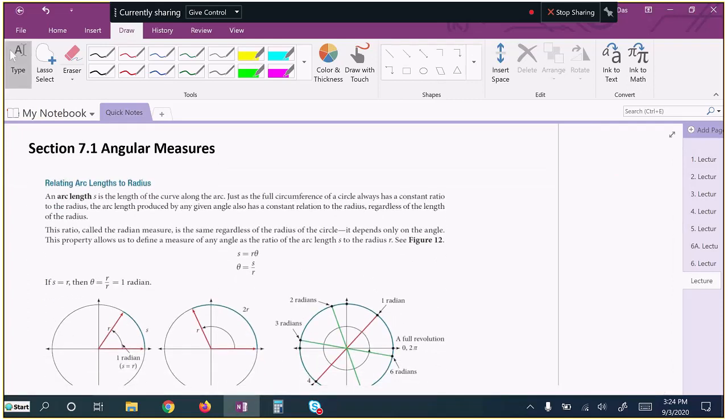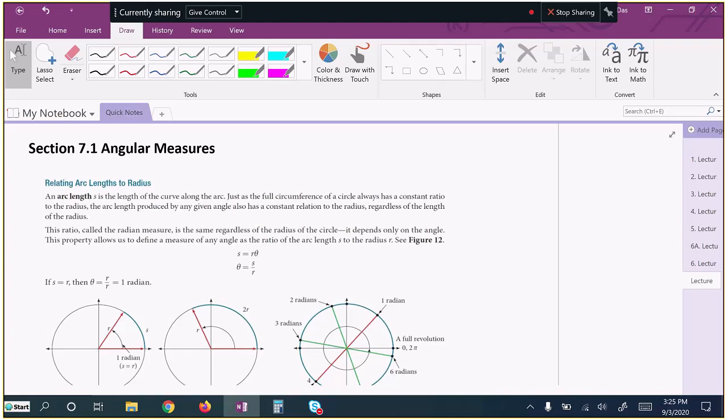After being a little bit familiar with the angular measure degree, we are going to introduce the angular measurement called radians. In order to understand that, we're going to understand a very special relationship between the arc length of a circle, the radius of a circle, and the circular measure of an angle.